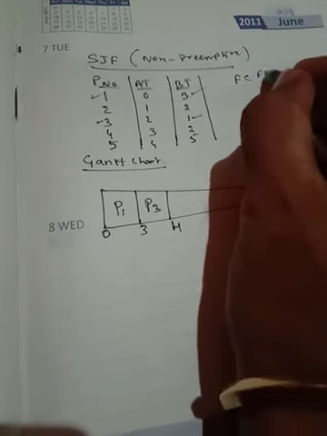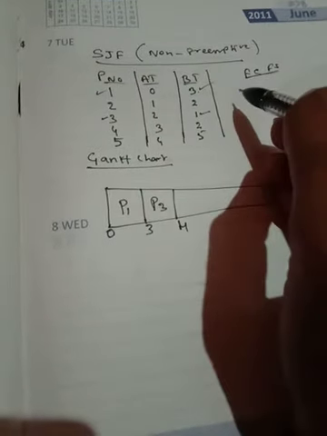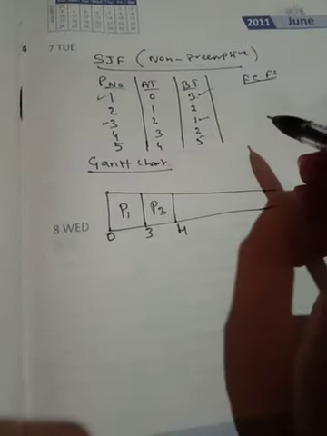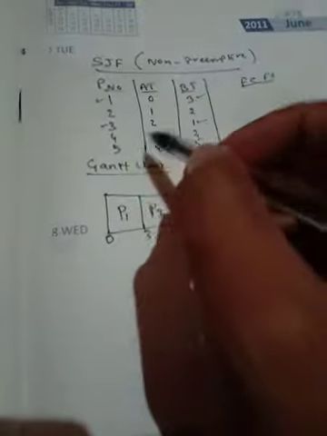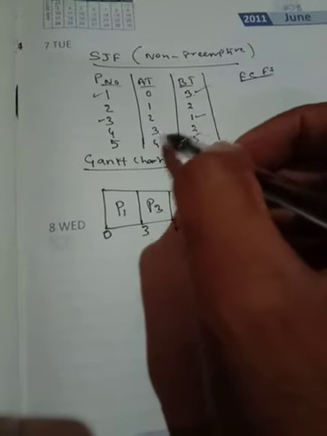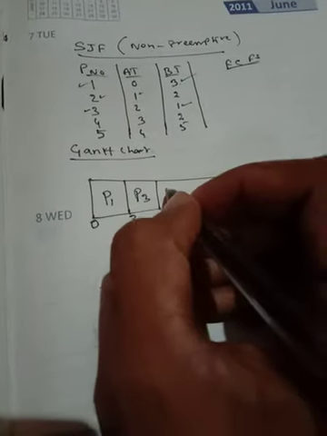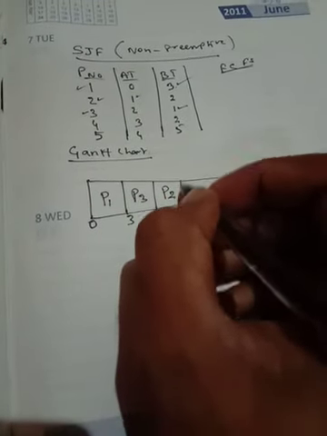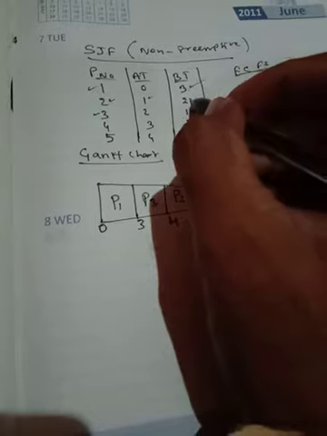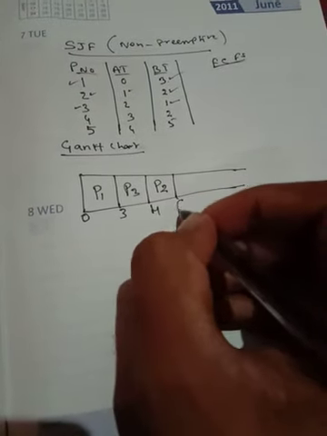In that case P2 has to come first, because the arrival time of P2 is 1 and the arrival time of P4 is 3. So P2 will be considered. P2 will come to the queue, and the burst time is 2 units. 4 plus 2, 6.